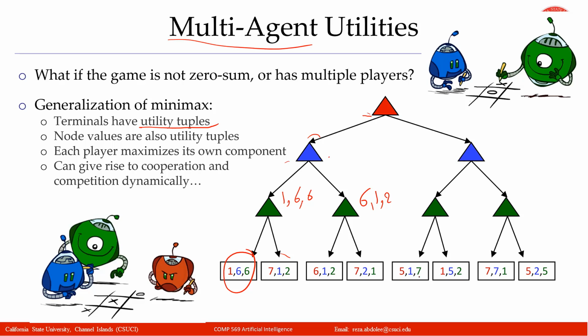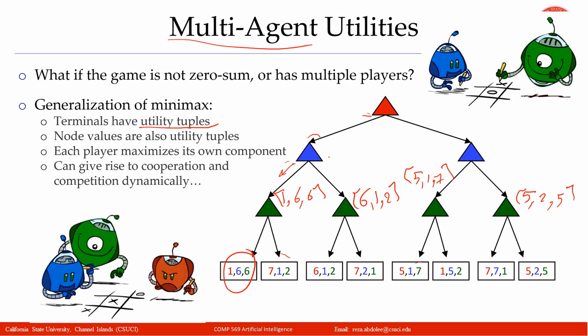In this branch, the green player is obviously going to choose 5, 1, 7, and in this one, it's going to choose 5, 2, 5. Now it's the blue player's turn to choose its maximum utility.